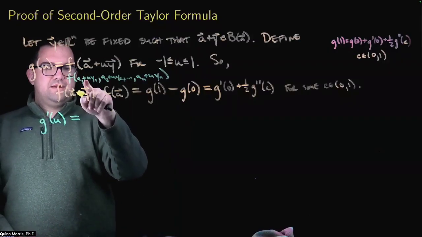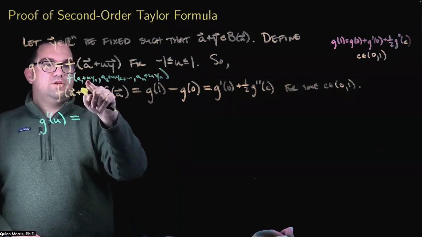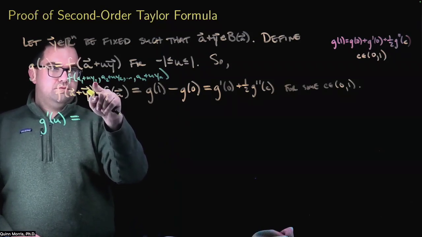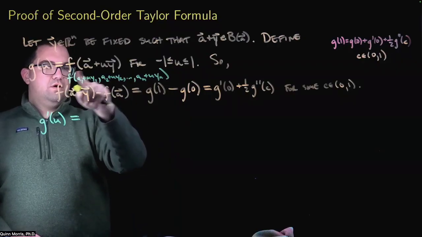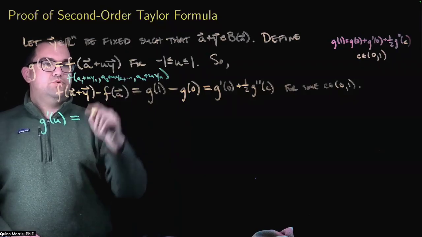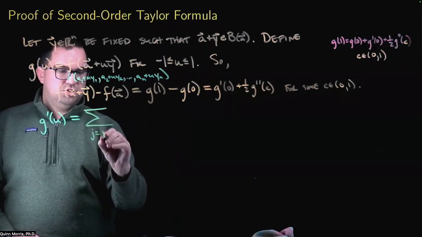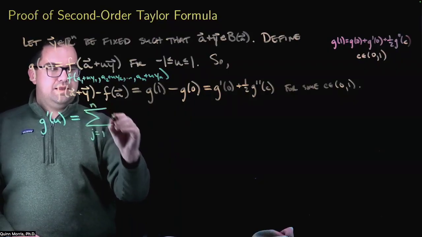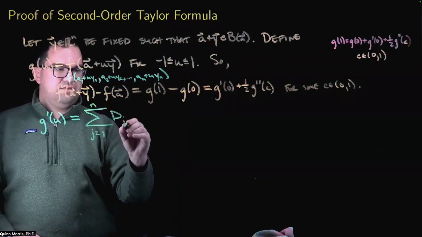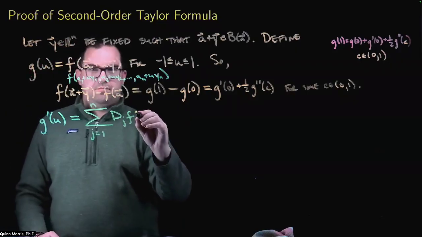To take a derivative with respect to u, I would first take a derivative with respect to the first variable times y1, plus the derivative of this whole thing with respect to the second variable times y2. One way to express that is to take the sum j equals 1 up to n of the derivative with respect to the jth variable of f evaluated at this point.